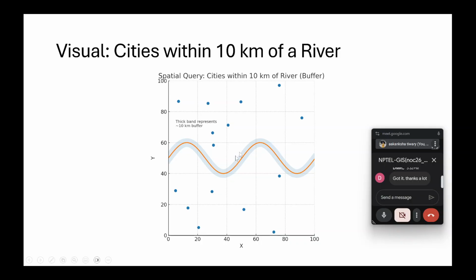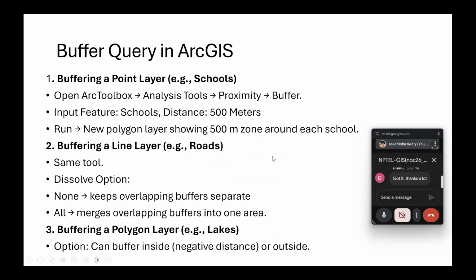Okay. So this is what we will do. So for ArcGIS, you can follow these steps. So you can create a circular buffer around a point layer, also a buffer around a line layer and a polygon layer.